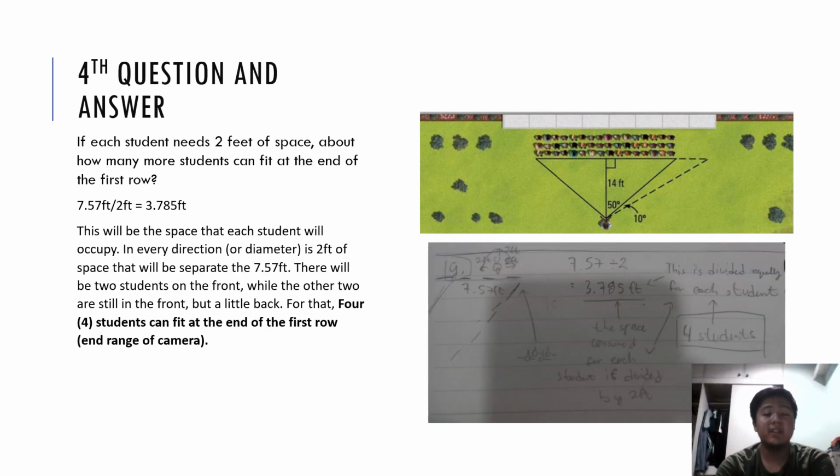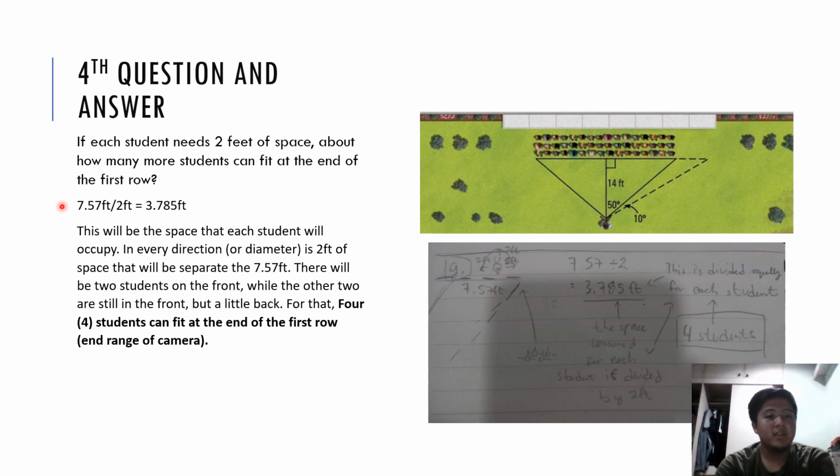Now on to our fourth and final question. If each student needs 2 feet of space, about how many more students can fit at the end of the first row? Here, we can use length E, which was previously solved and is 7.57 feet, to find the length that each student will occupy because they need 2 feet of space. So 7.57 feet divided by 2 feet gives you 3.785.